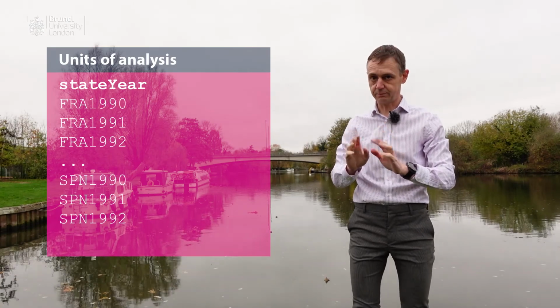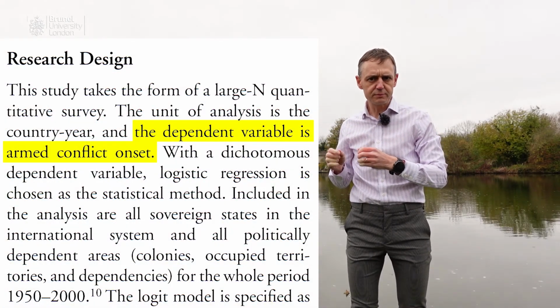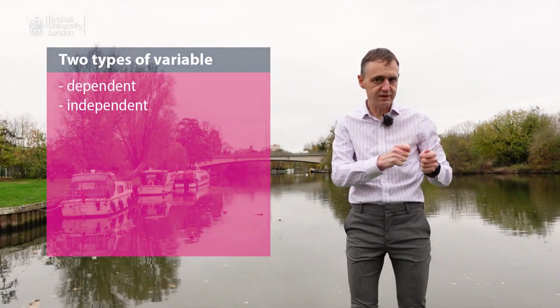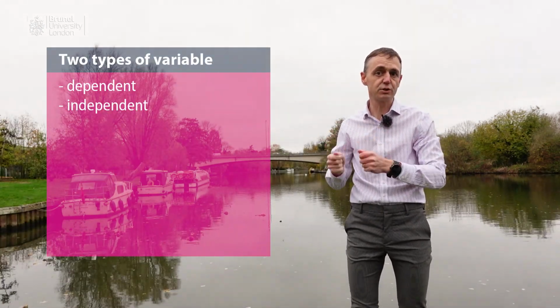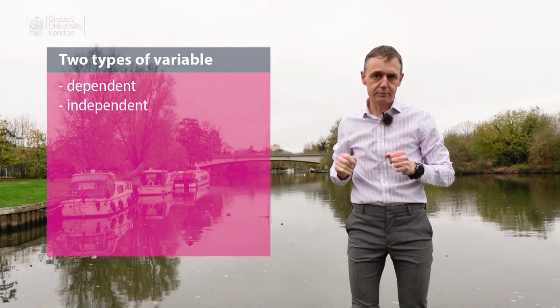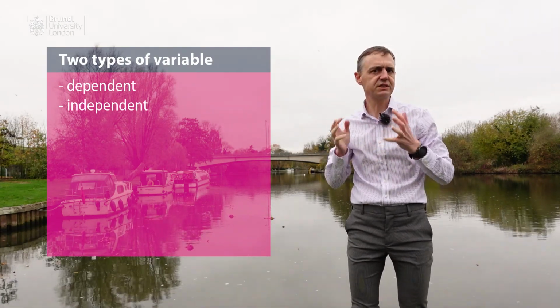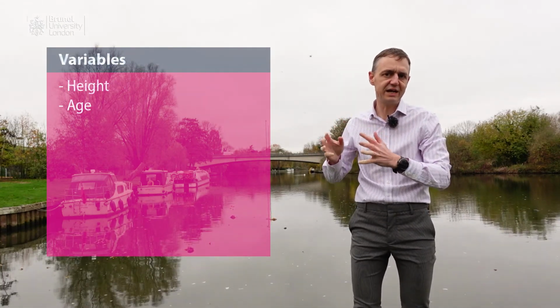Now, let's carry on. The dependent variable is armed conflict onset. Variables can be either dependent or independent. If a variable is dependent, it means it depends on something else. We can only ever look at one dependent variable at a time, but we can look at multiple independent variables. A nice and easy pair of variables to consider is height and age.